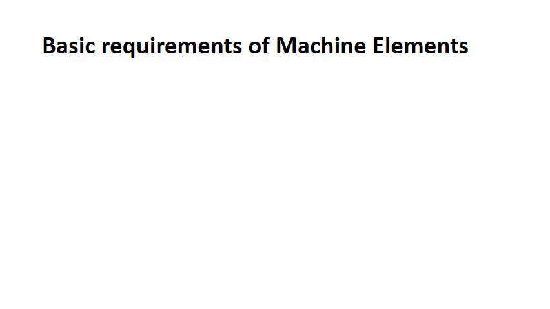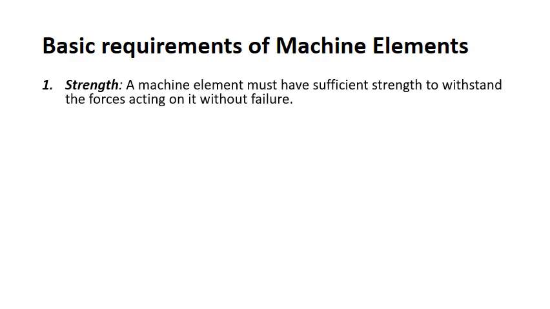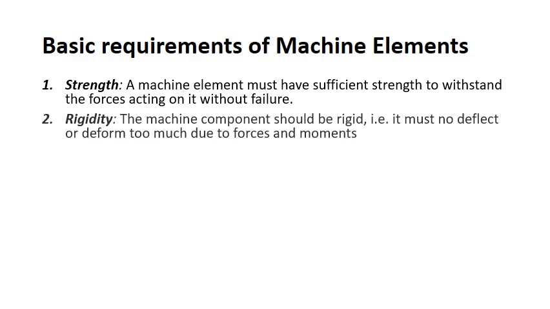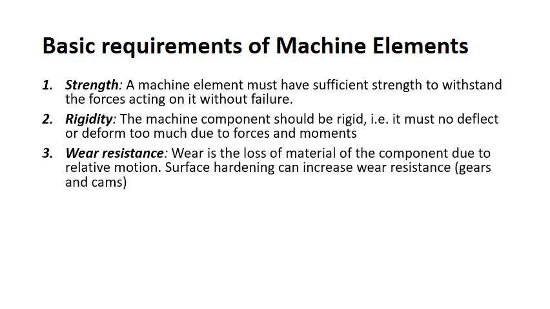So when we design machine elements, there are certain basic requirements to be satisfied. One is that the machine element must have sufficient strength in order to withstand the applied load, right, without any failure. Only then it can function. Then it must be rigid enough, right? That is, it must not deflect or deform.